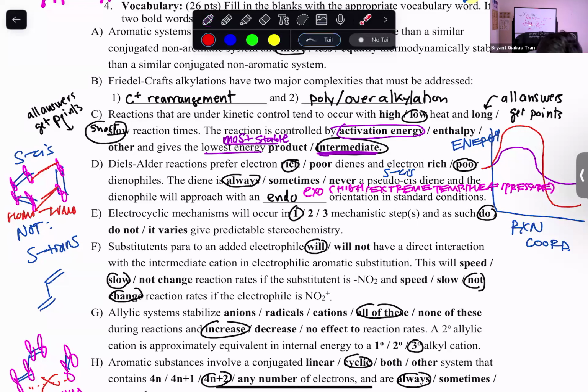Where if you try to do an SN1 reaction with this primary haloalkane with water, no reaction. But if your primary haloalkane is allylic and you react it with water, you're gonna get these two products.